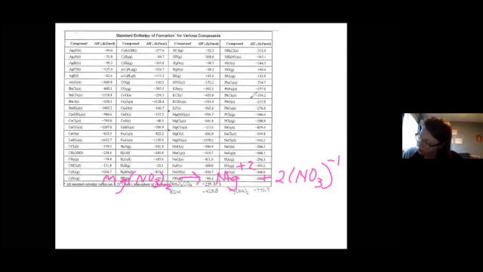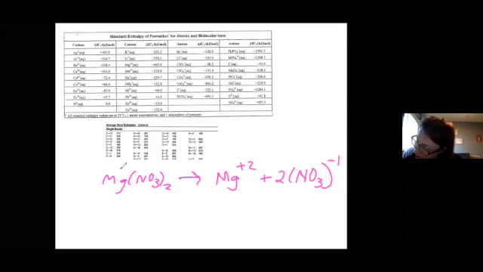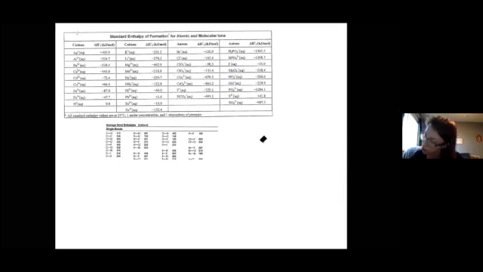So magnesium, if we look here, magnesium has a value. And honestly, if you forget what charge something has, this chart is kind of like a nice little cheat sheet. Magnesium has a value of negative 462. Nitrate, we need to multiply it by 2, but it has a value of negative 206.6. And then, let me go back to the first page, sorry.